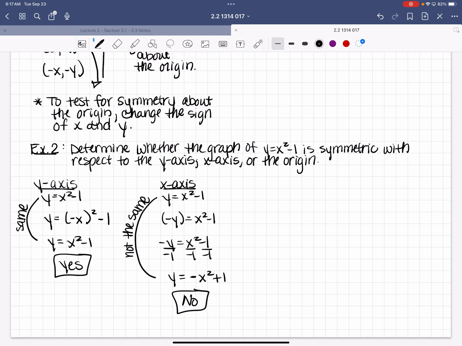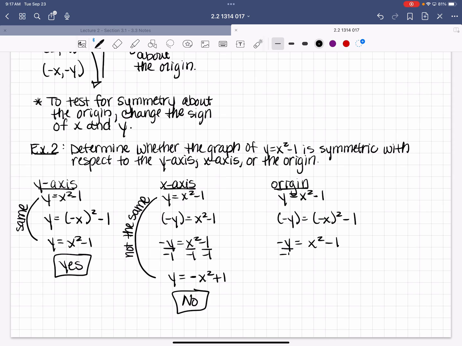Okay? And then finally, if I look at the origin, I start with my original again, y equals x squared minus 1. Origin says change both. So this gives me negative y equals negative x squared minus 1. Well, that gives me negative y equals, you've already told me negative x squared is positive x squared minus 1.